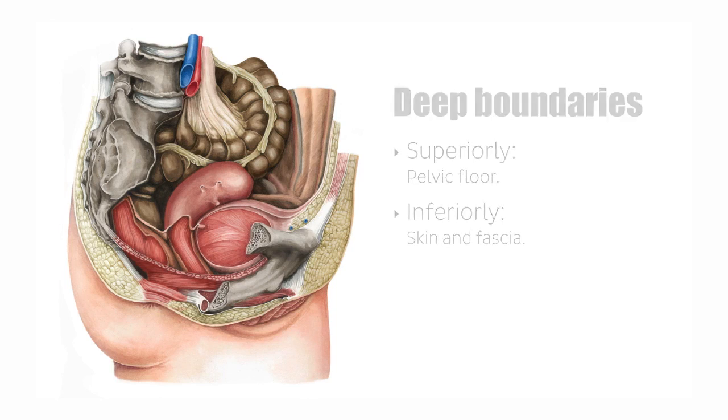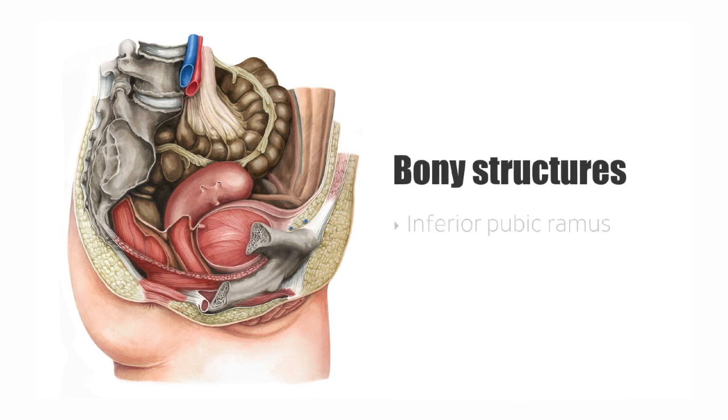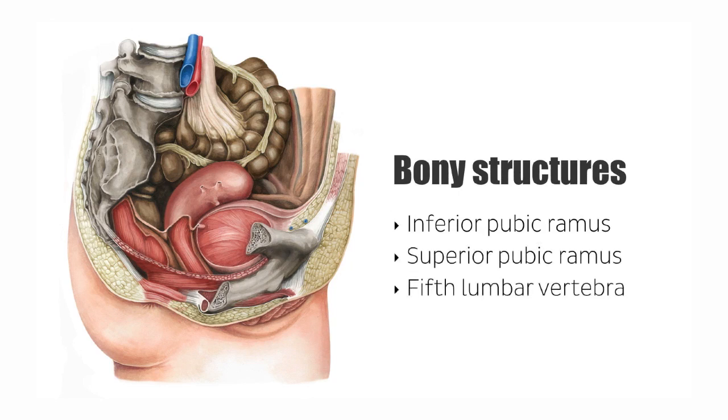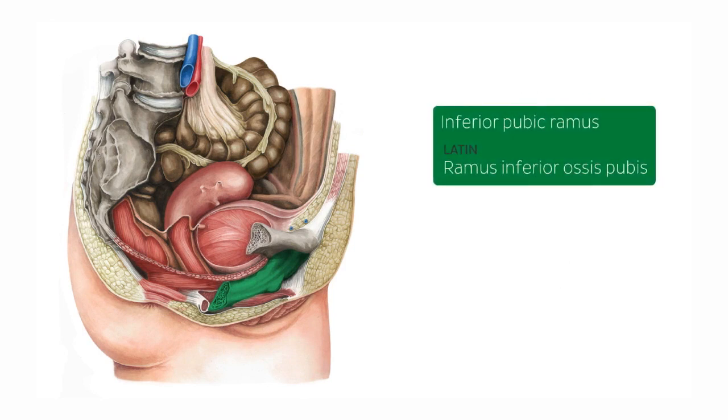In this image, we're going to be seeing some bony structures that we'll briefly talk about in this tutorial, including the inferior pubic ramus, the superior pubic ramus, and also the fifth lumbar vertebra. Let's start off by highlighting what is known as the inferior pubic ramus. The inferior pubic ramus is a part of the pelvis and is a relatively thin and flat part of the pubic bone.